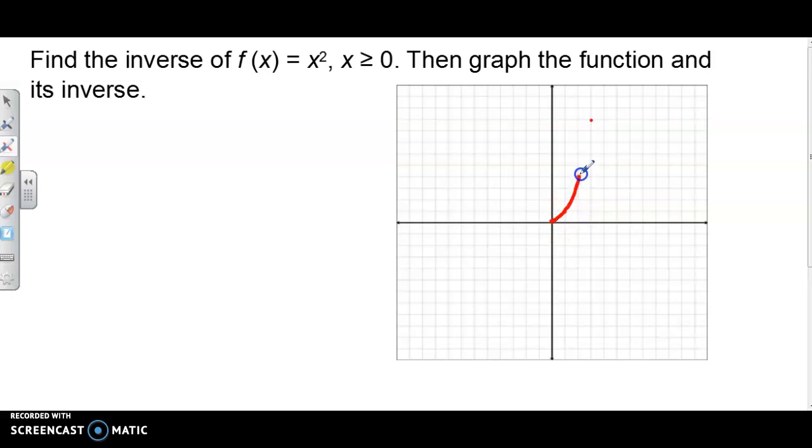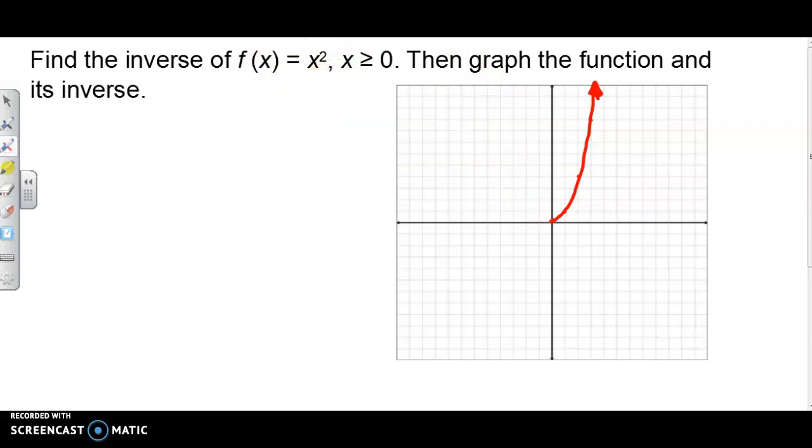And then this is what the graph looks like. Alright, and so that would be the original, the restriction on the domain.